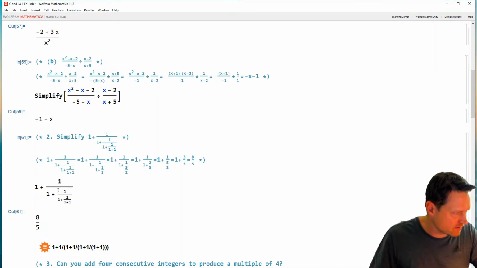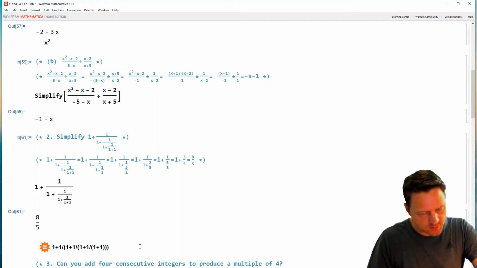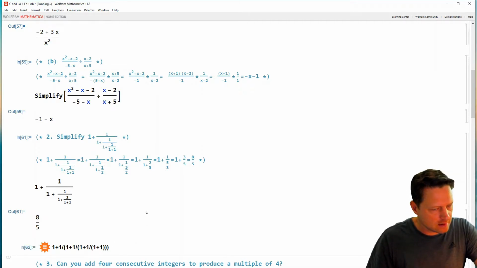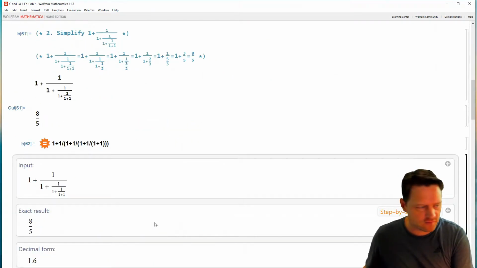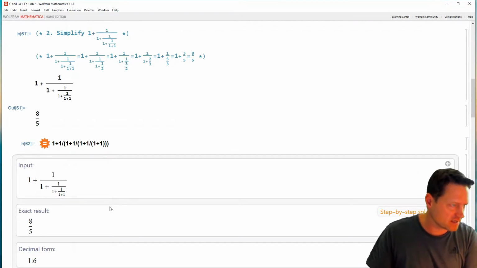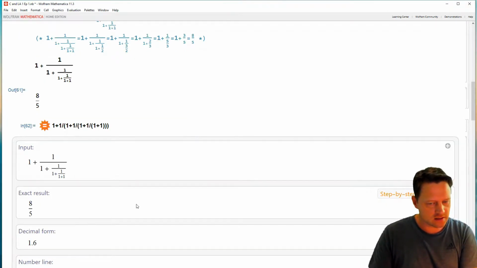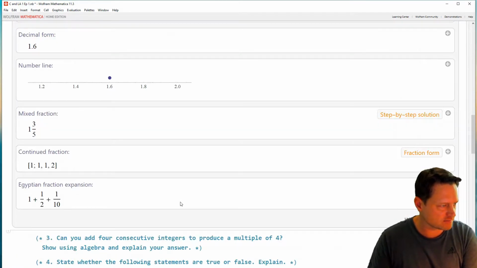Now, I think I have 8 ones in this picture here, so let's count them. 1, 2, 3, 4, 5, 6, 7, 8. That looks good. Let's press the button and see what we get here from Wolfram Alpha. Okay, so it gives us 8/5 and a decimal number and some other things.